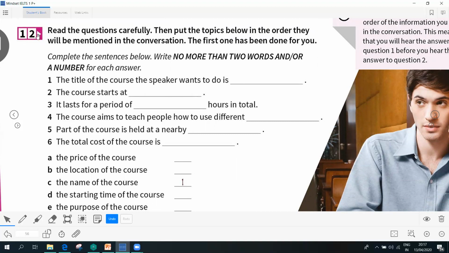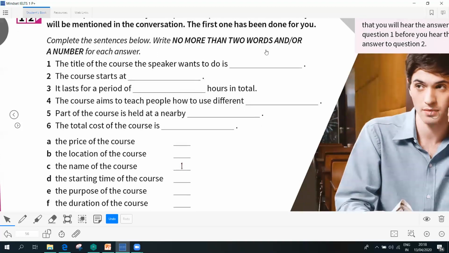So what are you required to do in task 12? Read the questions carefully. Here, the sentences. Read the questions carefully. Then put the topics below in the order they will be mentioned in the conversation. The first one has been done for you. Let me explain this with an example.